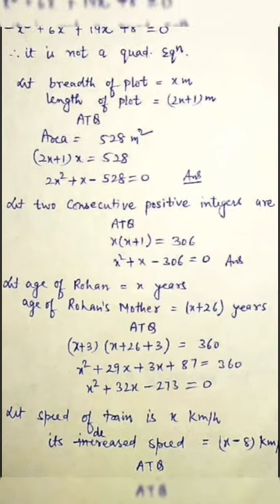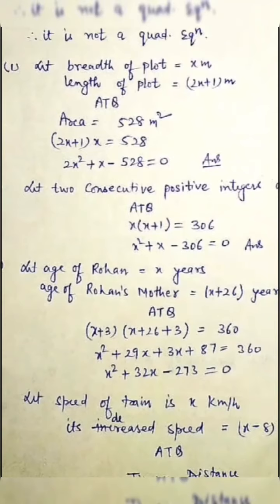So after 3 years age of Rohan will be x plus 3 and age of Rohan's mother will be already it was x plus 26, meaning the age we assumed is the present age. So after 3 years it increases, that means age of Rohan's mother will be x plus 26 plus 3 and according to the question the product of both is given as 360 and after solving you will get the required equation.